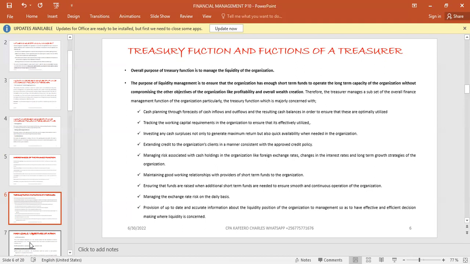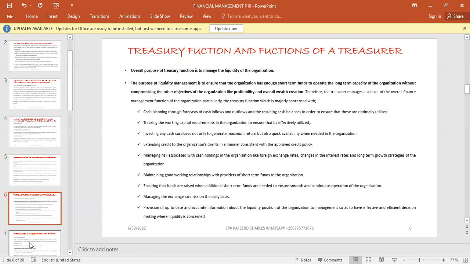How do we do that? We may be able to maintain short-term assets, like treasury bills and bonds that can be liquidated very fast if at all we need the money within the organization. These are some of the things we look at, and we see what the expected expenditures are that we are going to be incurring within the short period of time, and what will be the income that we are going to be using within the operations.